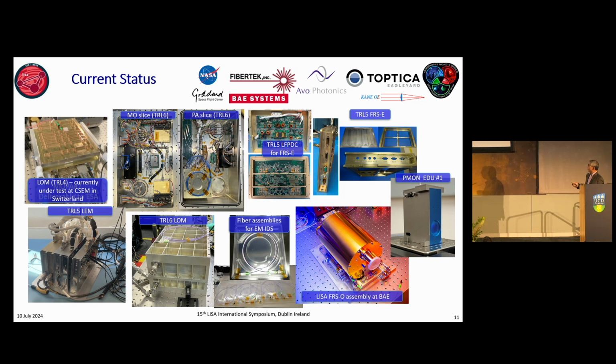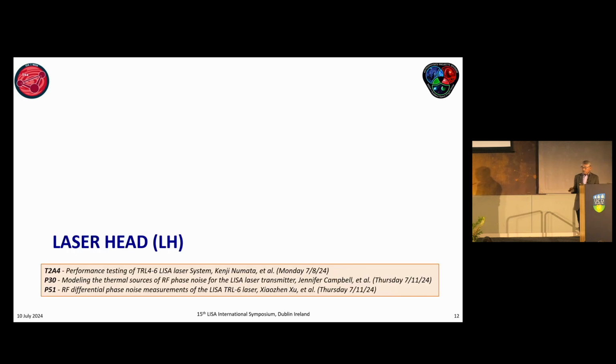Some of the fiber deliveries we made to the DMS folks, and also the TRL5 electronics chassis that was developed at Goddard Space Flight Center and delivered to BAE as part of our agreement. And then here's one of the deliverables that will come to Goddard in a couple months. Here's an EDU design for the PMON.